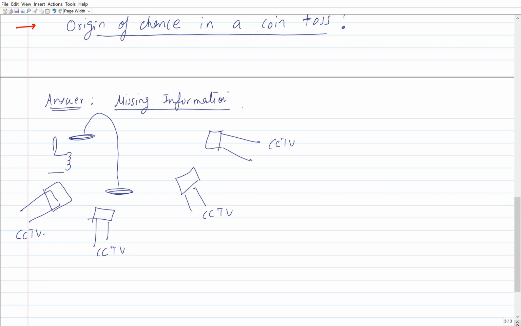And let's say I have all the sensors in the world. I have a sensor to measure the torque which my hand puts on the coin when it's getting tossed up. Do you think in such a scenario, when I have all the possible information about this coin toss, this process is still random?